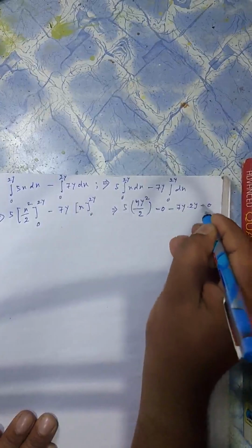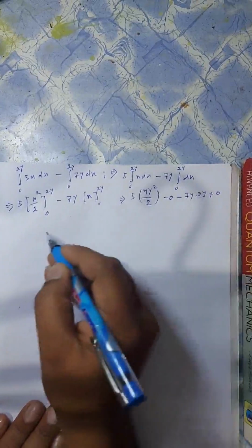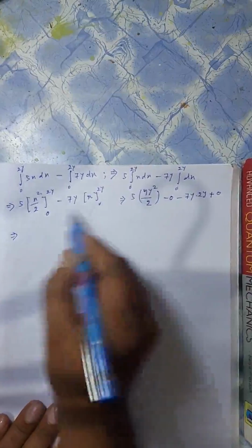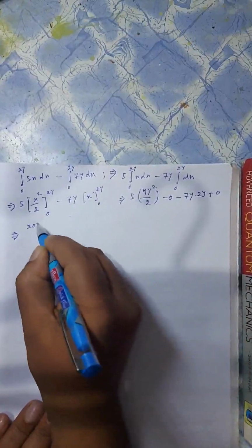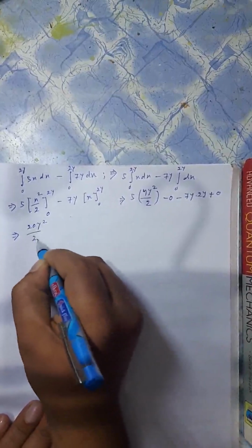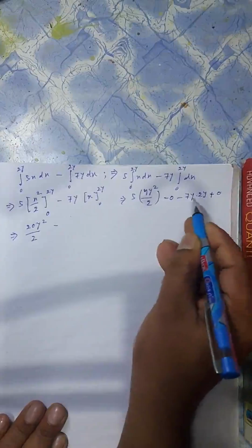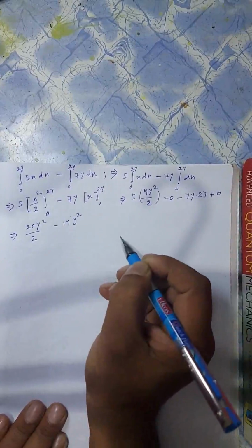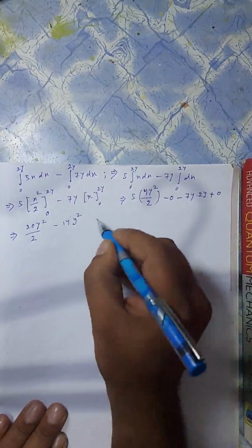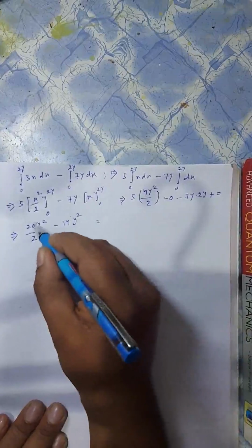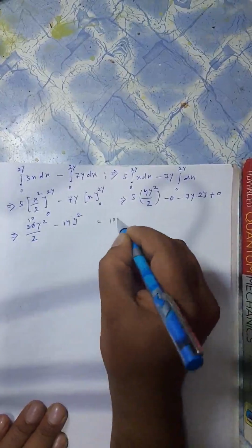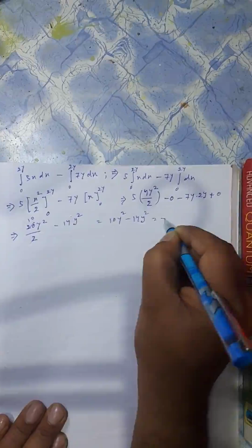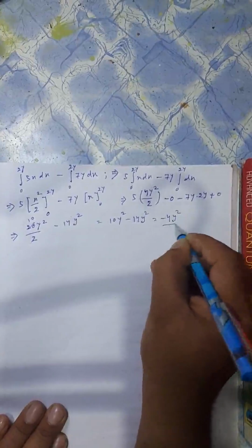So it will come 5 into 4, 20y square by 2 minus 7 into 2, 14y square. Then it becomes 10y square minus 14y square is equal to minus 4y square.